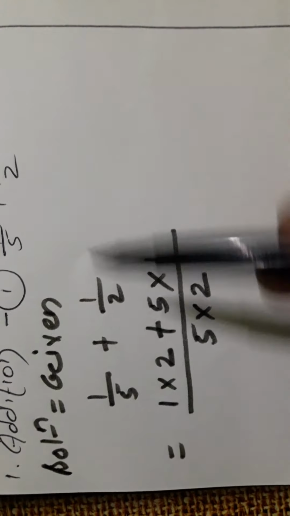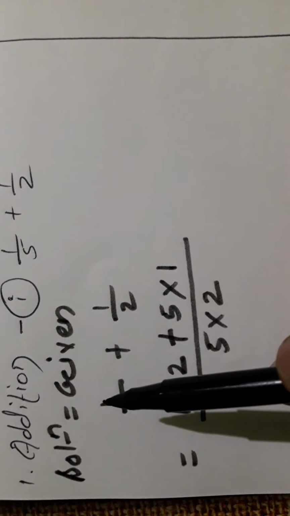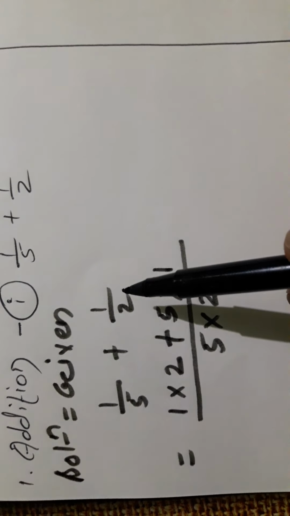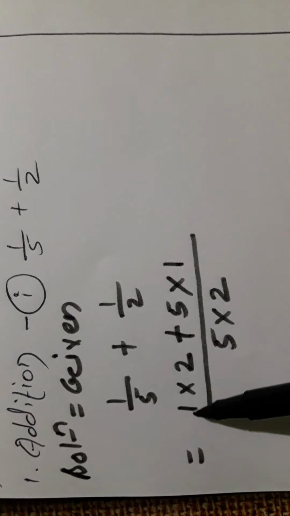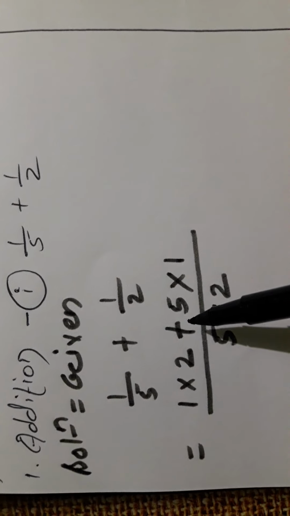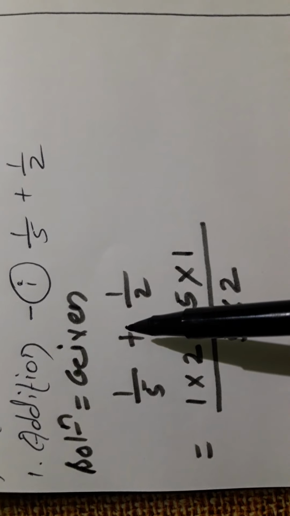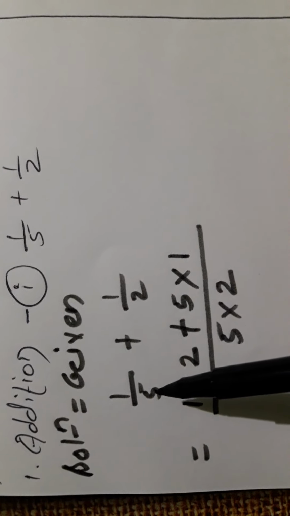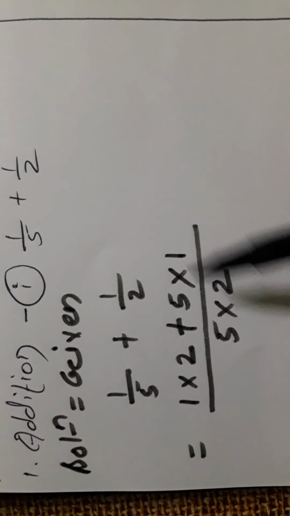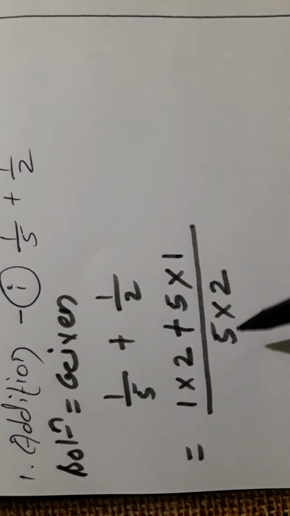This cross multiplication method is one of the methods of addition of unlike fractions. Numerator of the first fraction into denominator of the second fraction, 1 into 2. In between which sign is there? Plus. That's why I have written plus here. If minus is there, then you write minus. Plus denominator into numerator, 5 into 1, divided by denominator into denominator, 5 into 2.